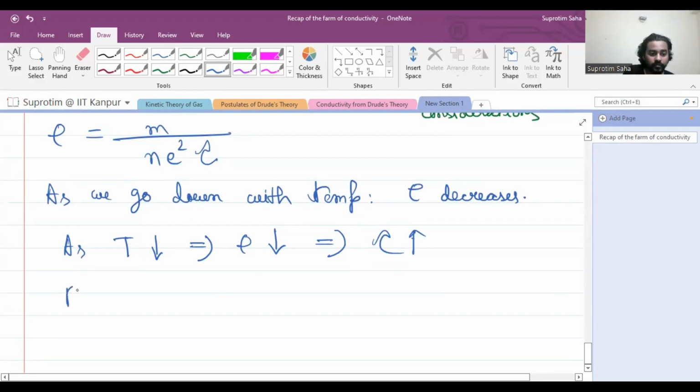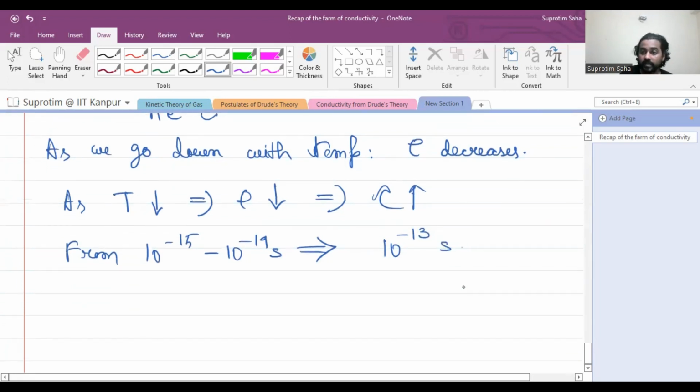So from 10 raised to minus 15 to 10 raised to minus 14, it has escalated to 10 raised to minus 30 seconds. All right. Now, this changes the mean free path of the electrons.